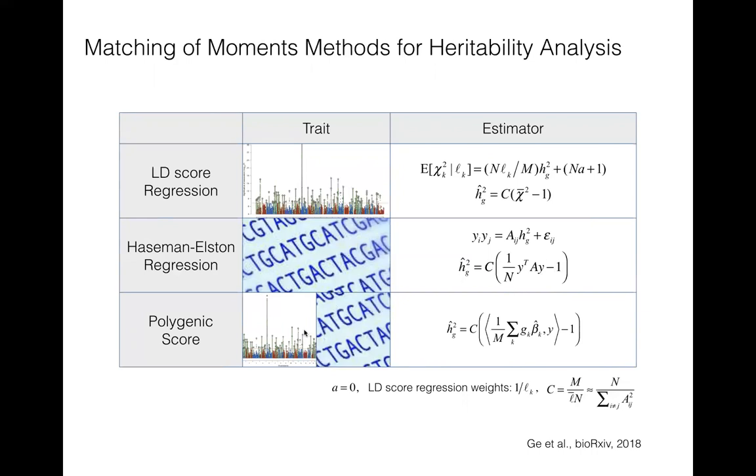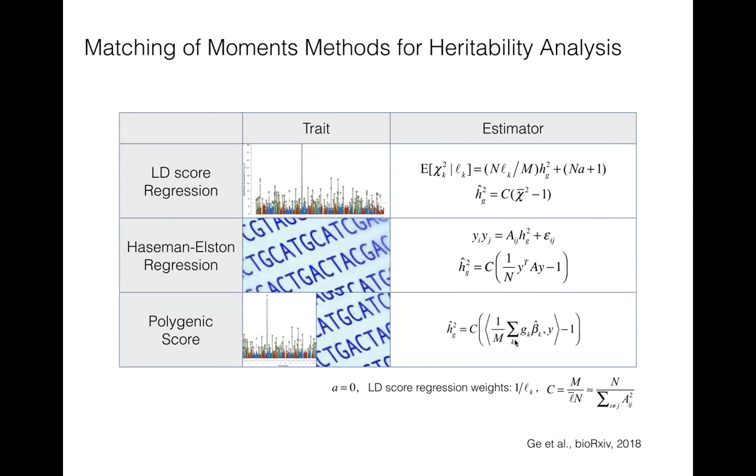So I put a third case here. If you have both the GWAS summary statistics and the individual level genotype data, the heritability estimation can be formulated as a polygenic score type of analysis. You take the effect sizes estimated by the GWAS and use them to weight the genotype and do this weighted average.